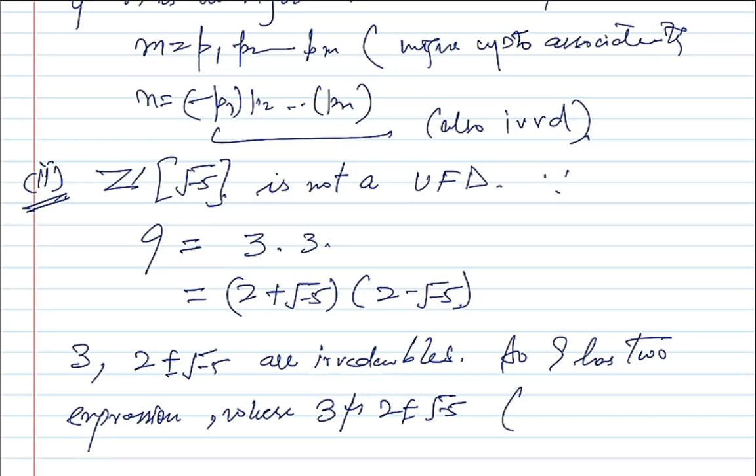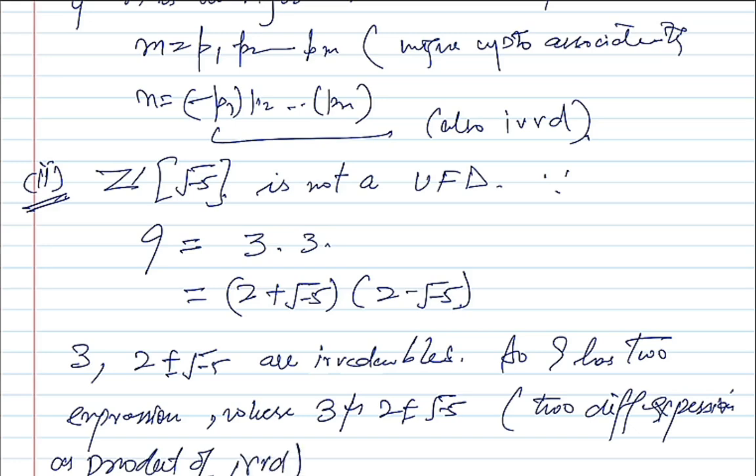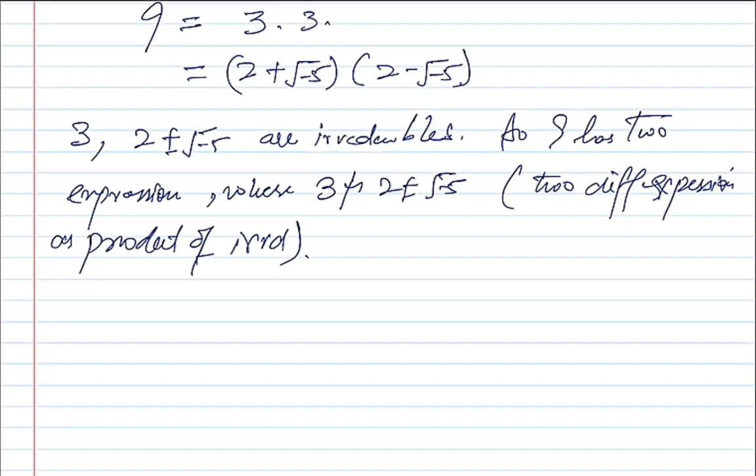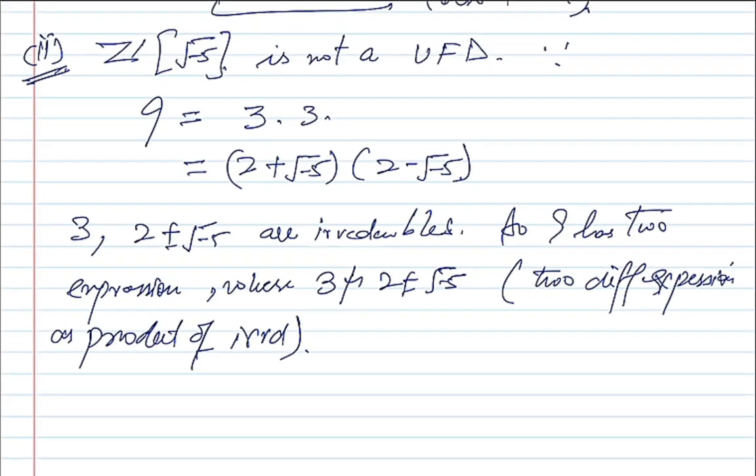So two different expressions as a product of irreducibles. So the Z square root minus 5 that you have is not a UFD.